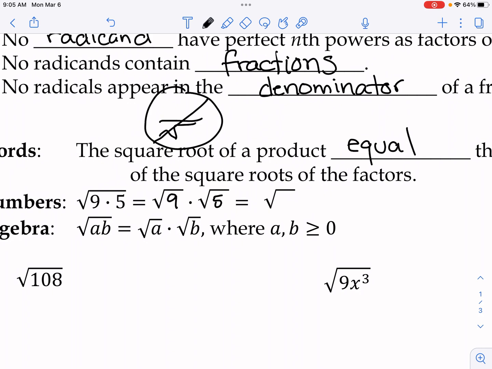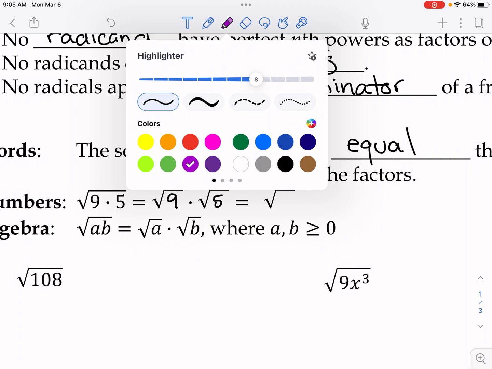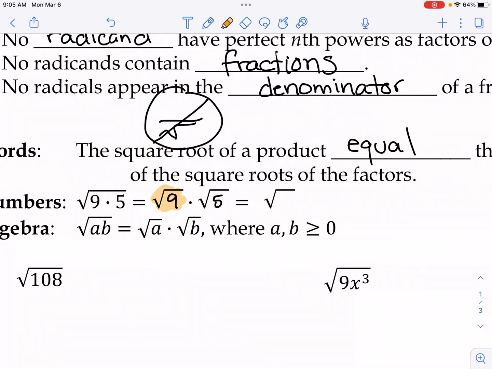And we already know what this is equal to. Let's put this in orange. The square root of 9 is 3, and the square root of 5 cannot be simplified any further, so our final answer would be 3 radical 5, or 3 square root of 5.